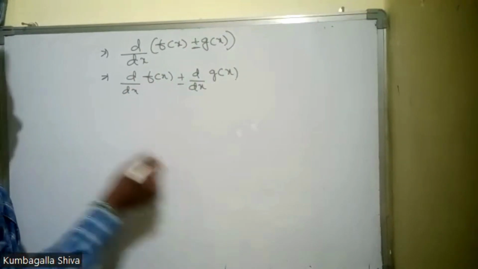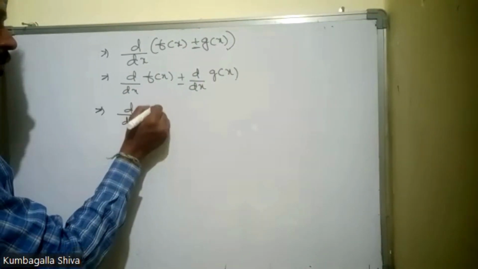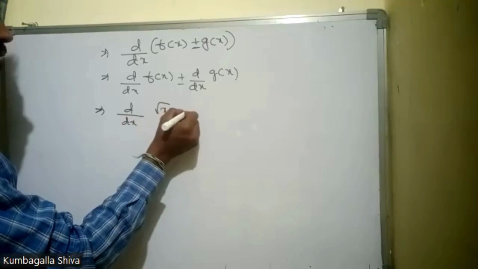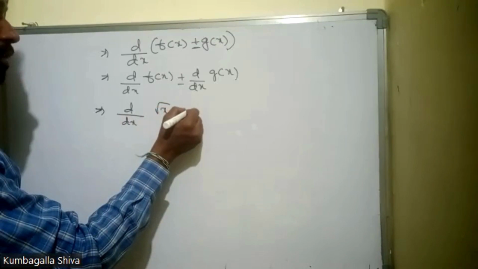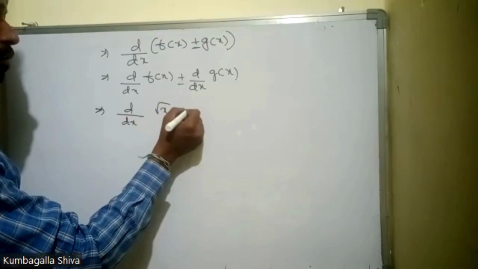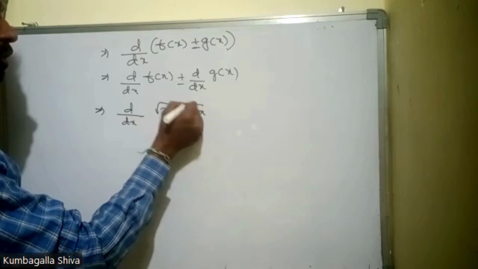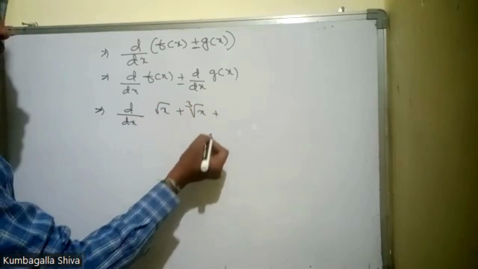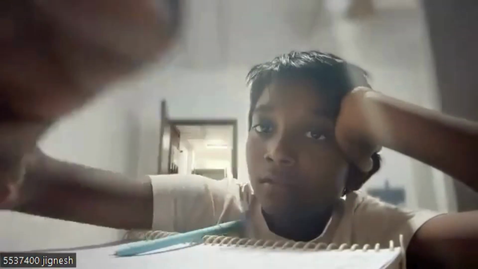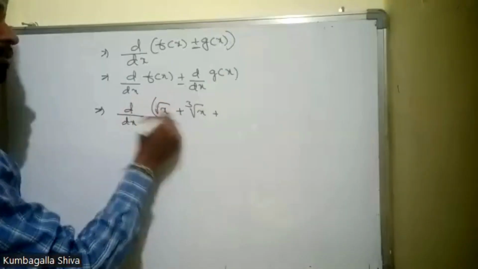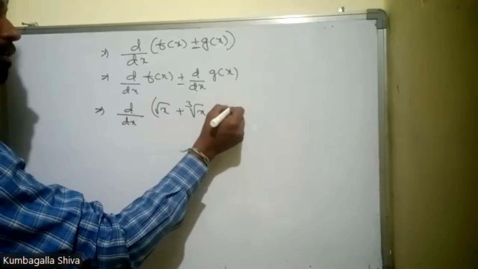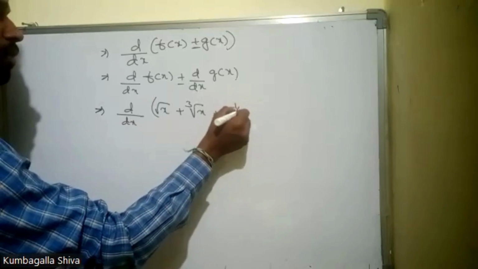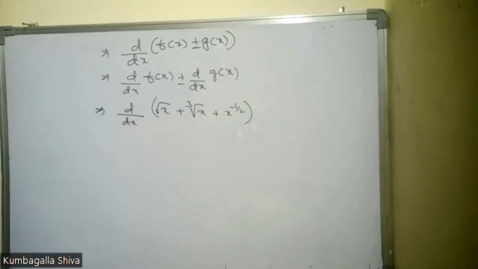Okay, we'll do one problem on this. Root x plus x power 1 by 3 plus 1 by root x, that is x power minus 1 by 2. Like this kind of expression you're having. Okay, how to do?